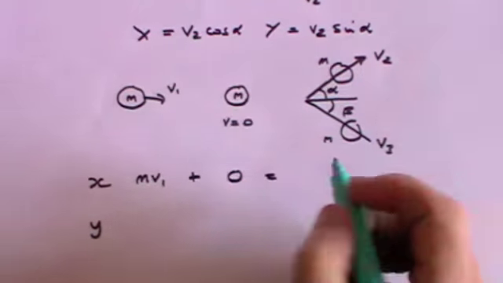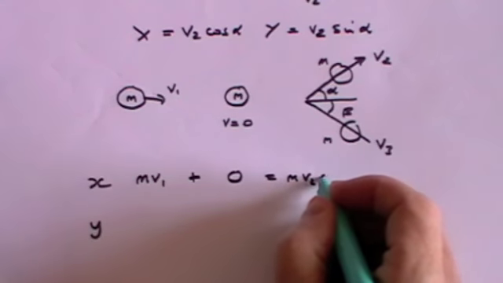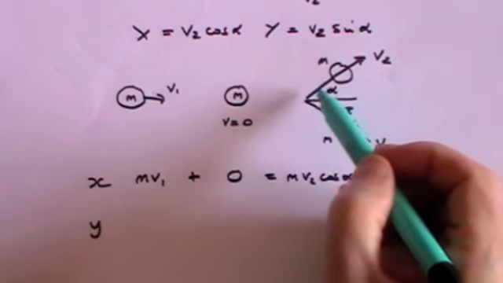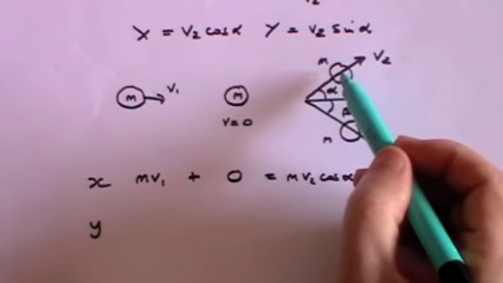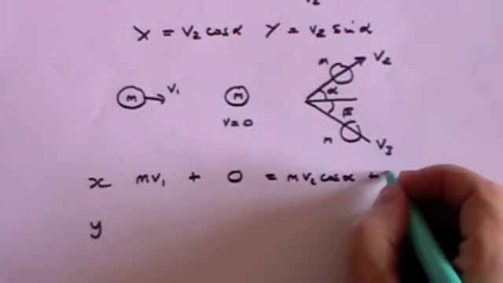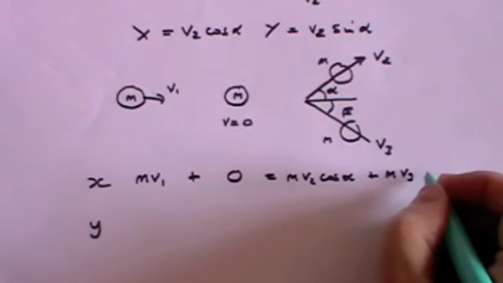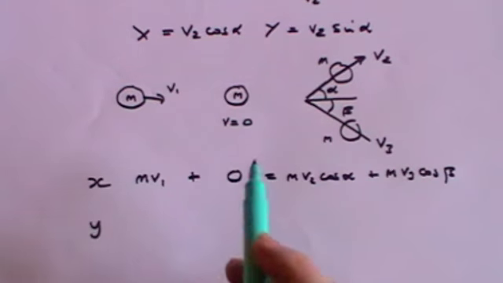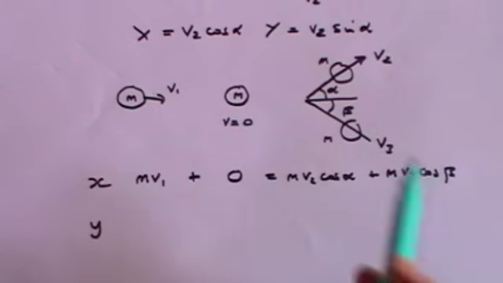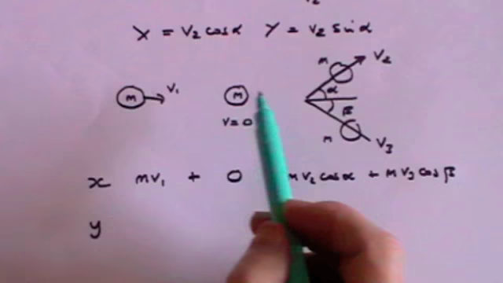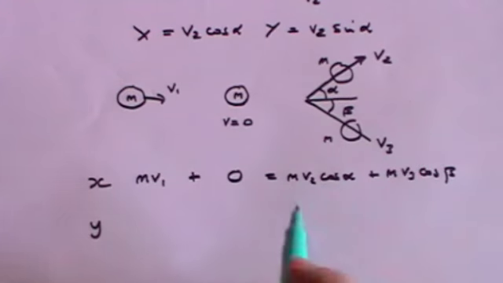This is mv2 times the cosine of alpha, because that's the component in the x direction of this ball here, plus m times v3 times the cosine of beta. And these are all positive terms because the components are all in the left to right direction.